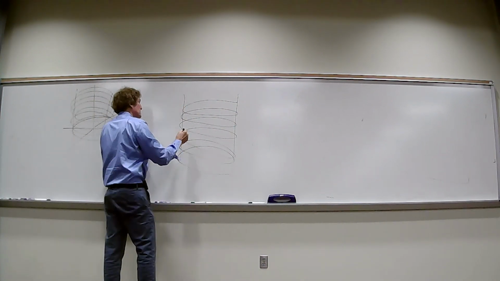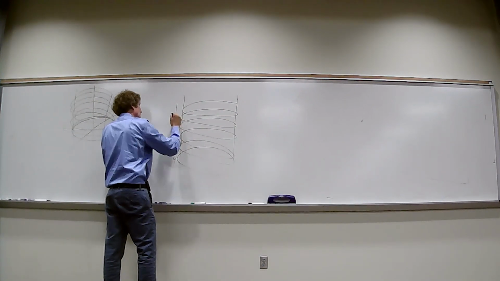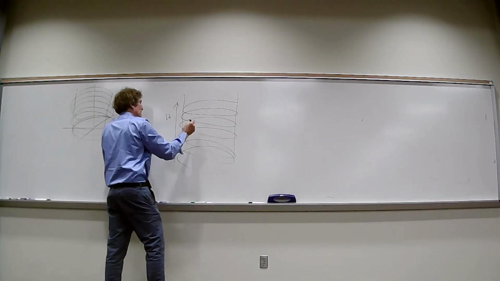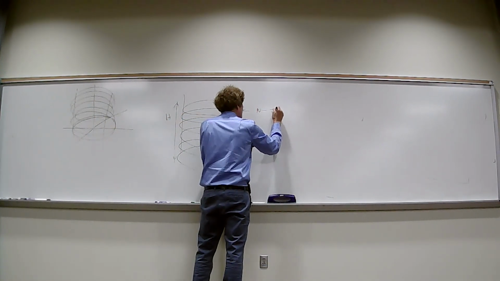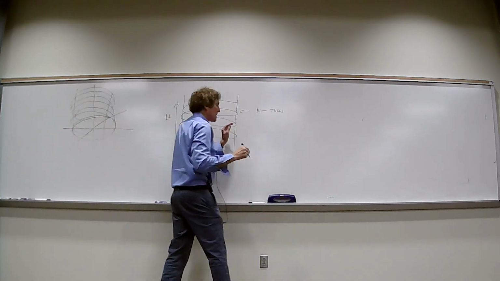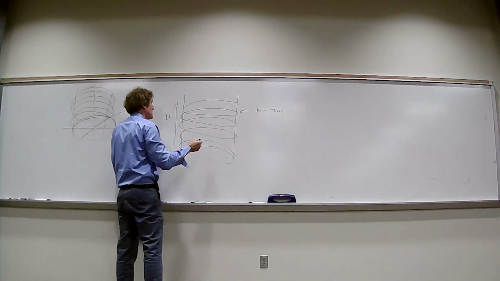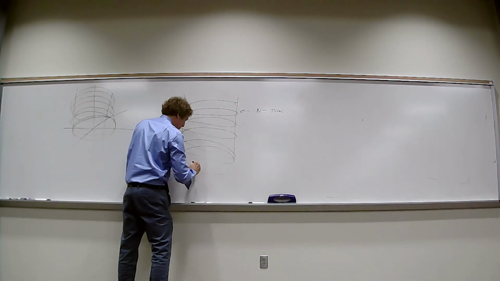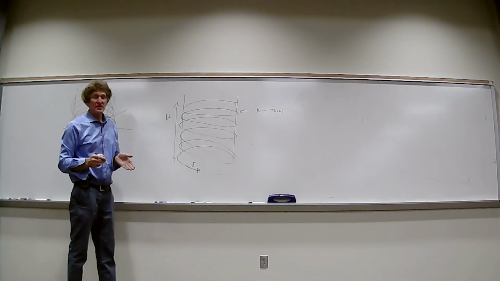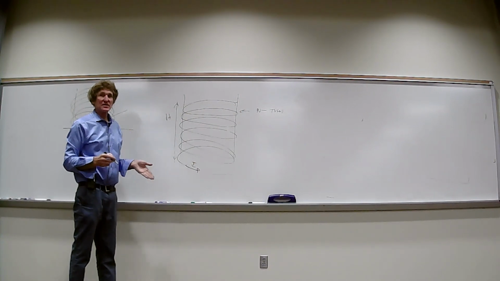The way they usually do this, they say they have a height h and n turns of wire, and then they have a current I. You can put I in any direction you want. Their goal is to find the H field on the axis of that solenoid.